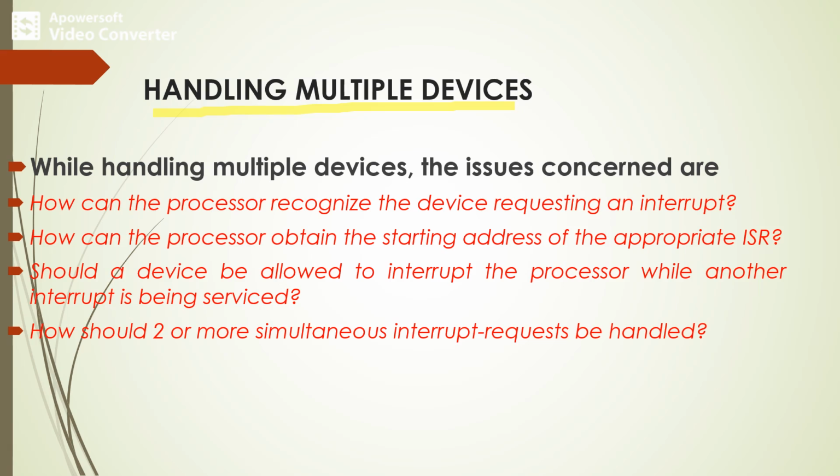How should two or more I/O device requests be handled by the processor? Because different devices may require different ISRs, how can the processor obtain the starting address of the appropriate routine? Different approaches are used to resolve these problems depending on the given applications.